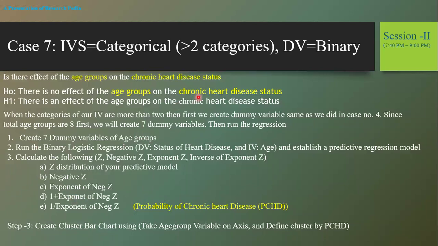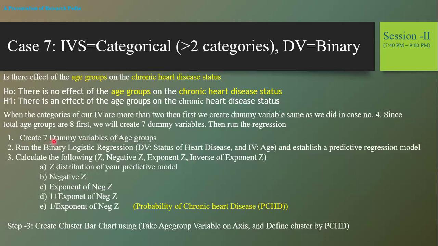In our case, we are predicting chronic heart disease, so we need to have the probability of chronic heart disease. And then we will create cluster bar charts, taking the age group variable on the axis and defining clusters by PCHD, which is this variable. One by one, I would like to let you know how the whole process will be applied.